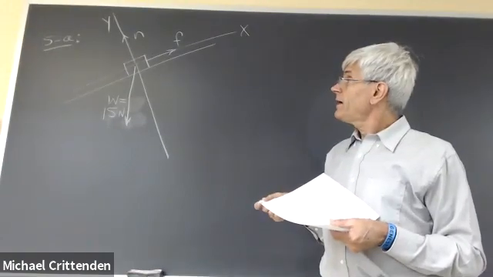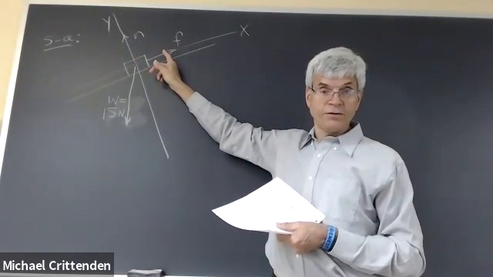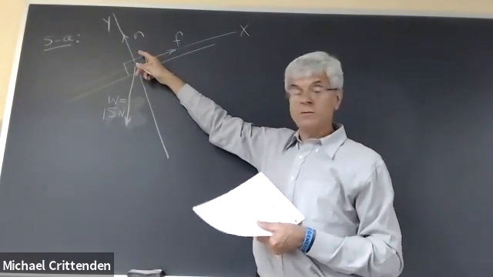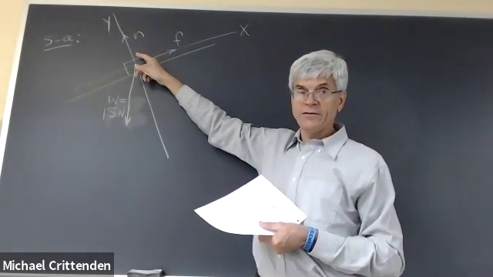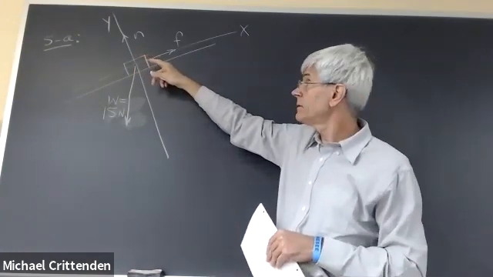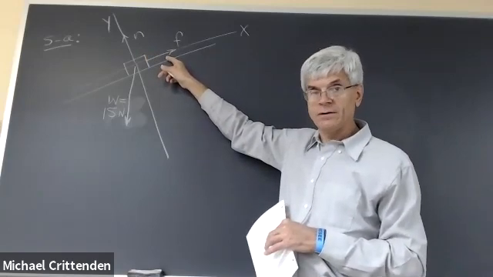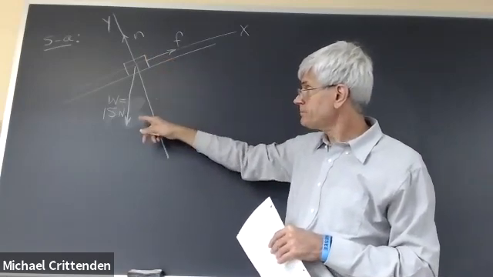Relative to those axes, finding the components of these two forces is trivial. The normal force is right on the y-axis, so it's got itself for a y component and 0 for an x component. And friction has itself for an x component and 0 for a y component.